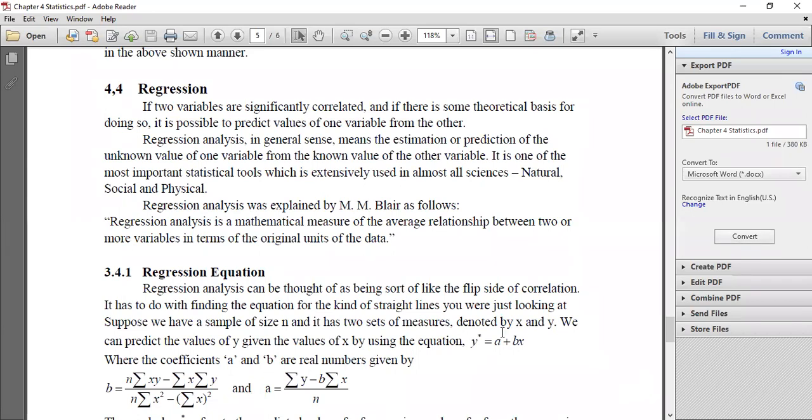So before getting this equation, you need to get the values of B and the values of A. And here is the formula for B. You start with B because when it comes to A, you again need to use that B in your formula for A. You can see this looks almost similar to the other one for the correlation, but they are not the same. You can easily compare the two and tell that there is a difference.